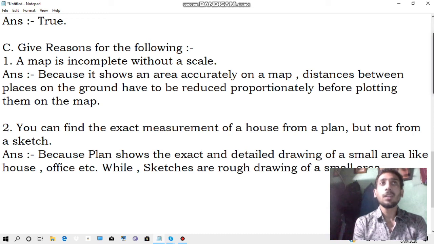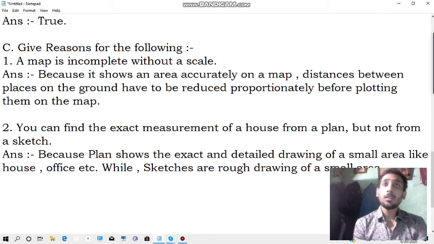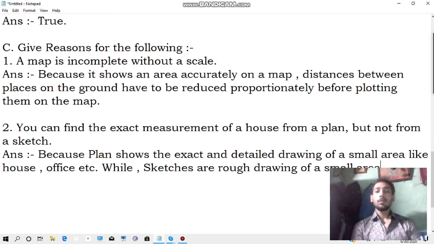It doesn't have any details of how high the hill is and what is the distance between you and the hill. These kinds of things are not mentioned in sketches, so that's why we use a plan over a sketch. Thereafter we are going to do some question answer.